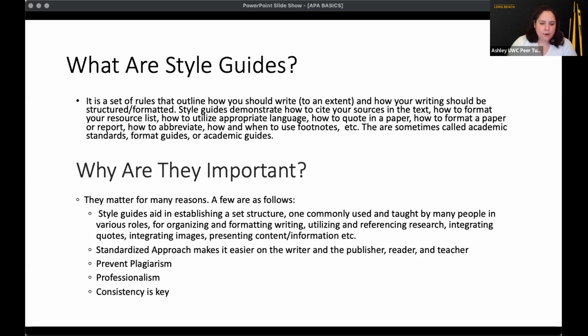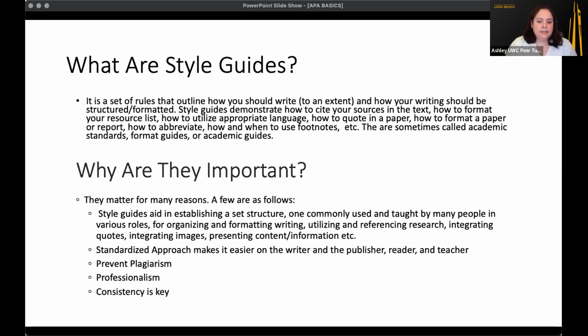So why are they important? Well, they help establish a structure so that it's easier for the reader to read. They know what is coming up. They know where you got information from.